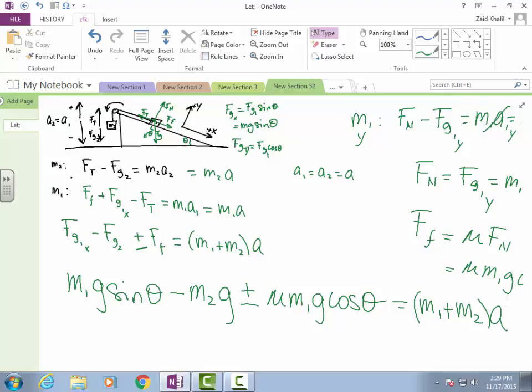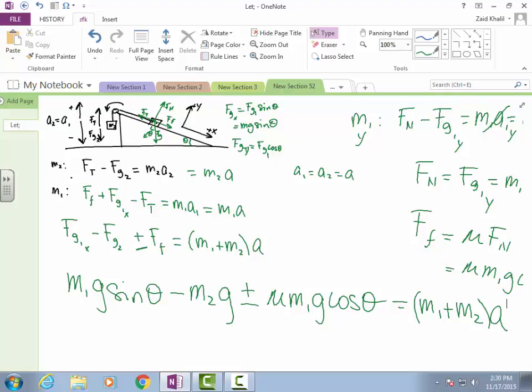Get Ft is equal to m2g plus, I'm going to start multiplying, because I'm running out of time. What's that, m2g? Right? m2 squared g. And then you got plus minus mu m1 m2g cosine theta. And this is all over m1 plus m2.